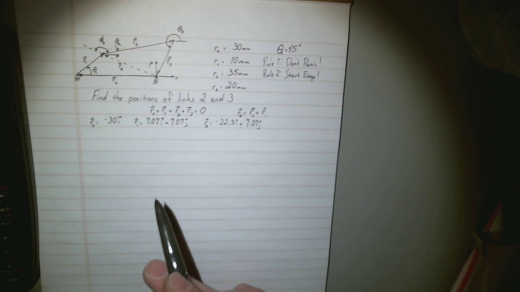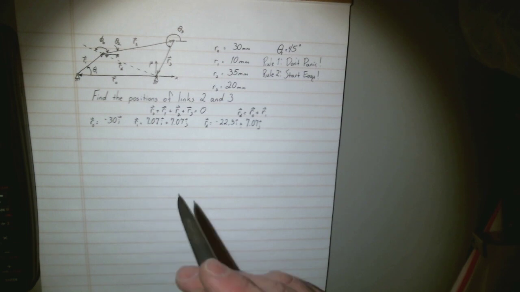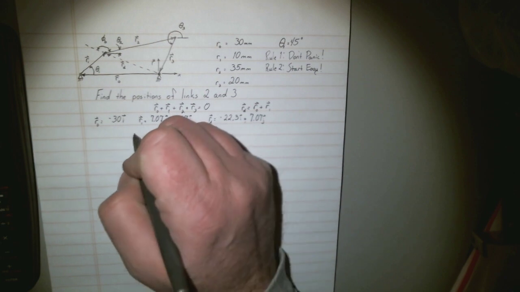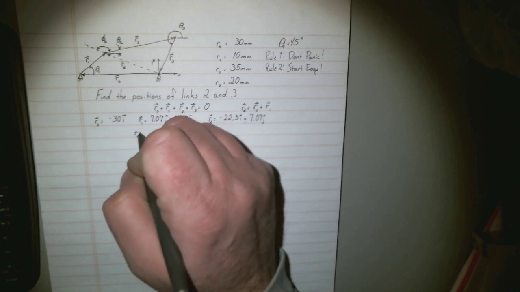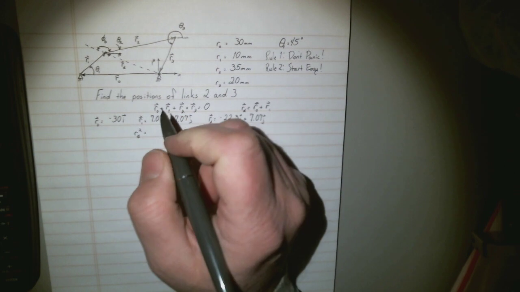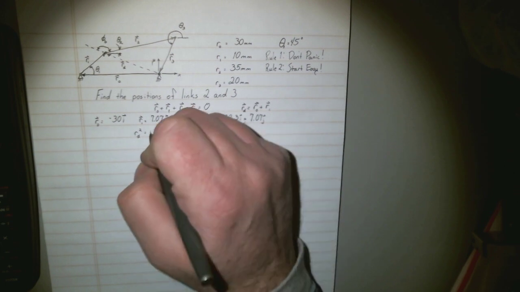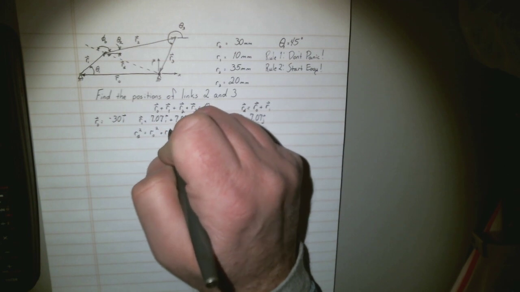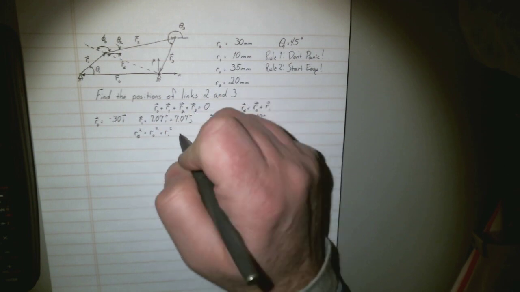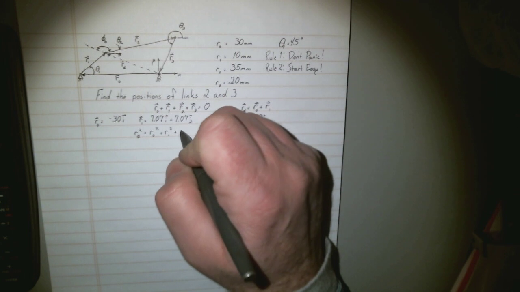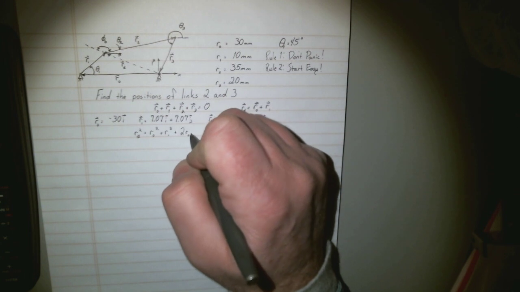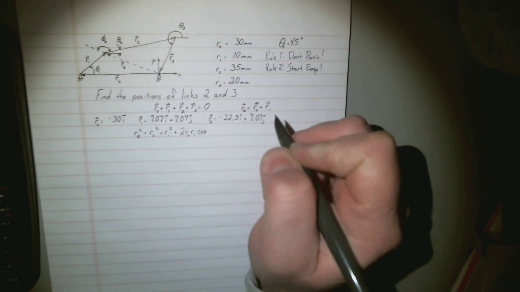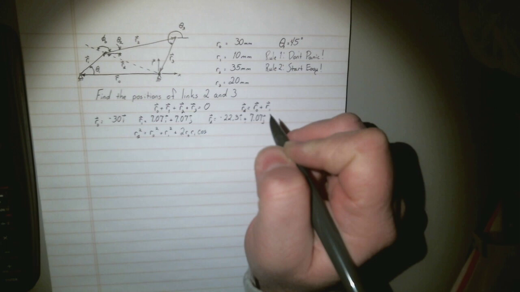The law of cosines is an equation that would indicate, for instance, that r sub d squared is equal to r sub 0 squared plus r sub 1 squared plus 2 r sub 0 r sub 1 cosine of the angle between them.